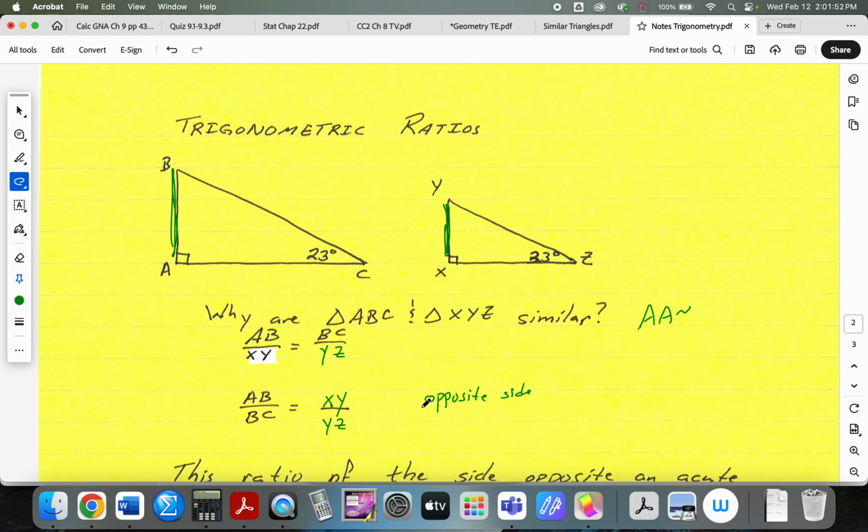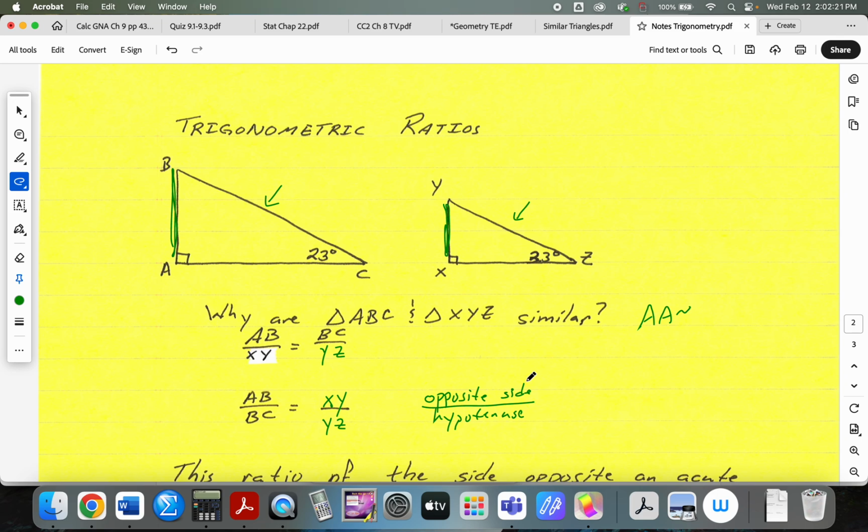So that's the opposite side over, what do we call BC and YZ in both those triangles? It's the hypotenuse. So even though these two triangles are not at all the same size, the ratio of the opposite side to the hypotenuse is the same because these two triangles are similar.